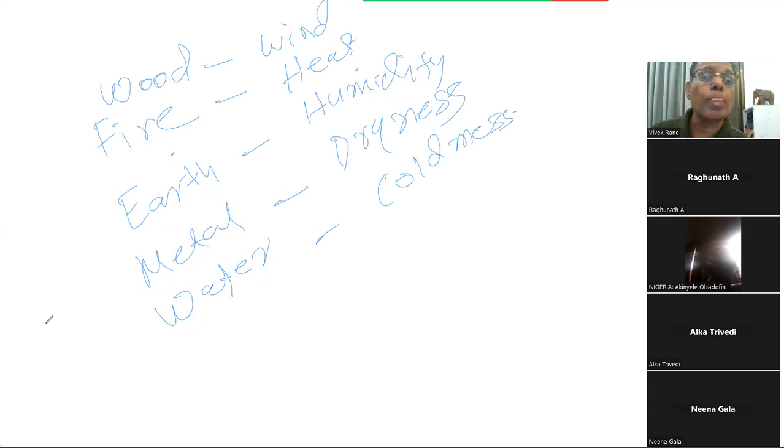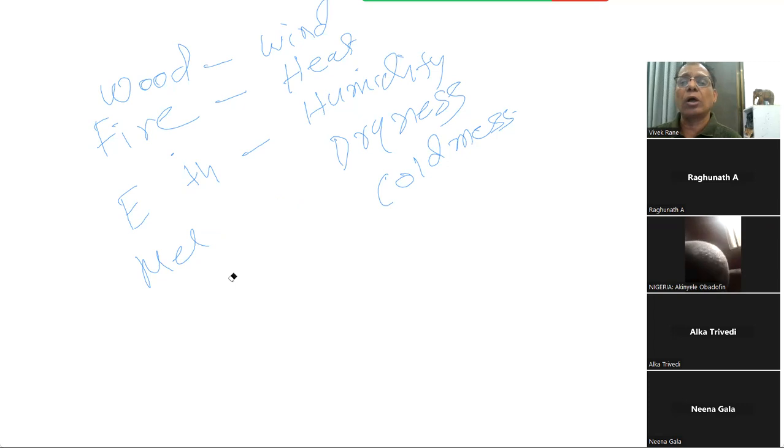So we have the elements. What are the meridians of each element?